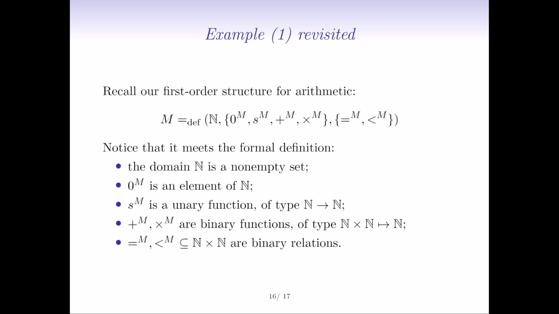So we're all done. We can observe that this structure does meet the definition of a first order structure, and similarly, if you go back and look at the outline of the first order structure I gave in my song language, you'll notice that that meets the formal definition as well. As long as my song collection is non-empty, you can observe that all the constants, functions, and predicates have the correct type.